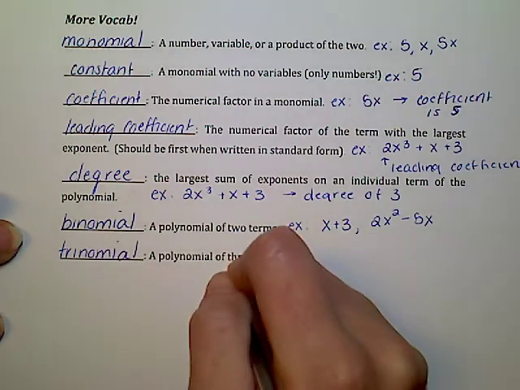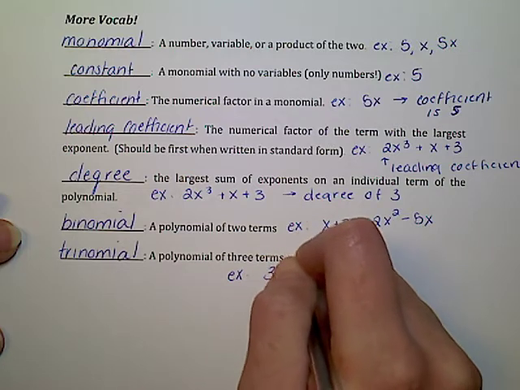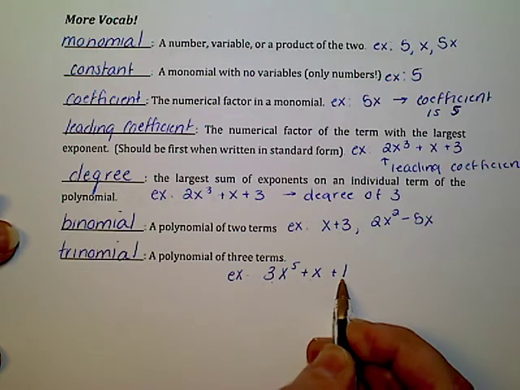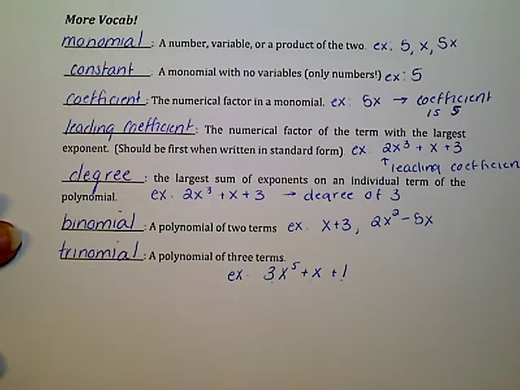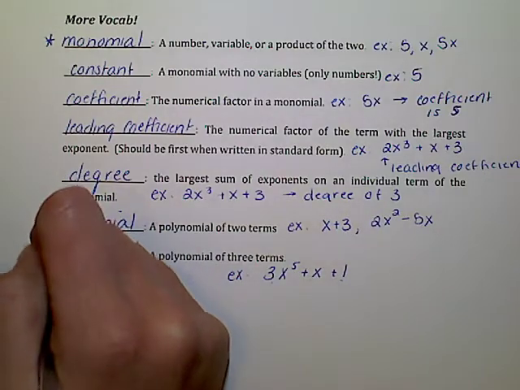Now, that would look like this. Something like maybe 3x to the 5th plus x plus 1. It has 3 different terms. Now, there are polynomials that have 4 terms, or 5 terms, or 6 terms. We don't have a special name for those. Just monomial, binomial, and trinomial. Let's put a little star next to those.